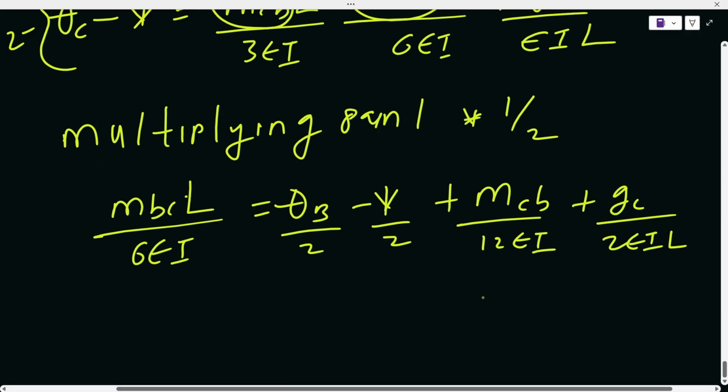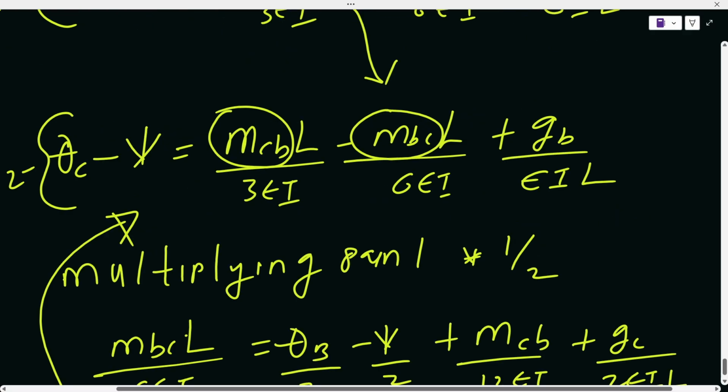Then I can now substitute this inside this equation. Can you see the reason that I multiply by half, so that it can just be MBC L over 6EI?